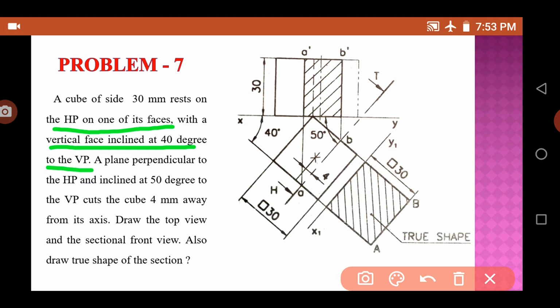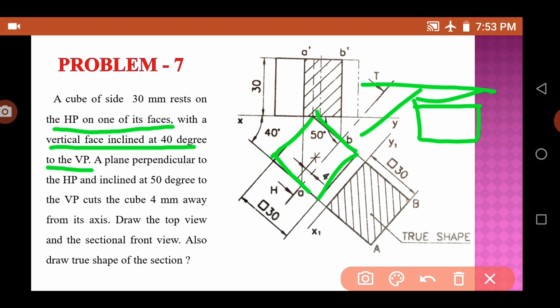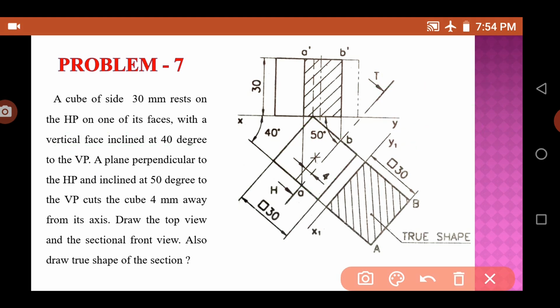You know that there are 4 faces. You may ask, sir, can we draw the face like this also? As you know, there will be an angle made with the VP, maybe this side or maybe this side. Anyway, you can see that there is a 40 degree angle.